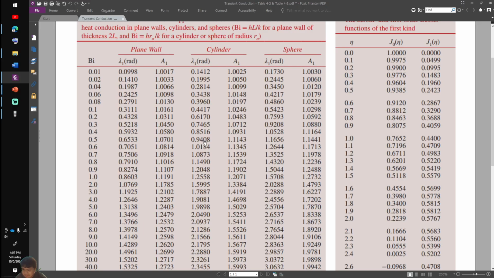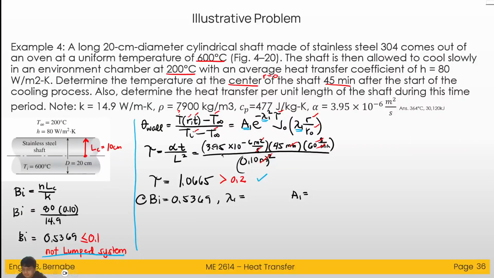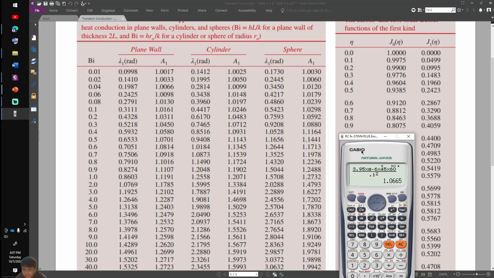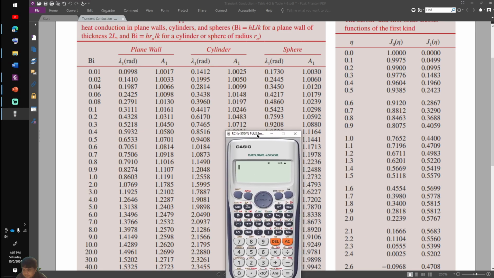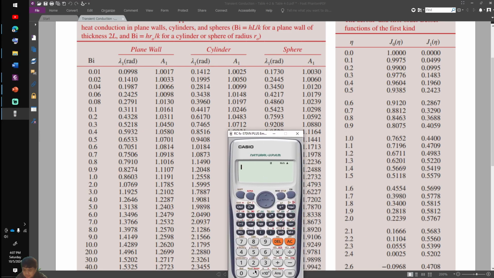So you have 0.9408 and 1.0184. Okay, so we can just use our calculator directly. So you have here 0.9408, mode 32, and then you have 0.5 and 0.6.